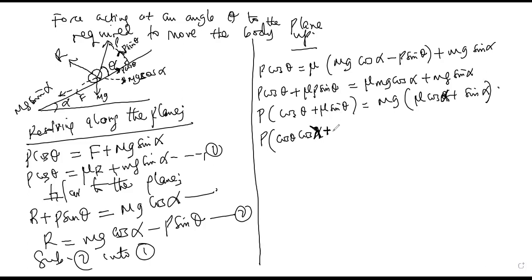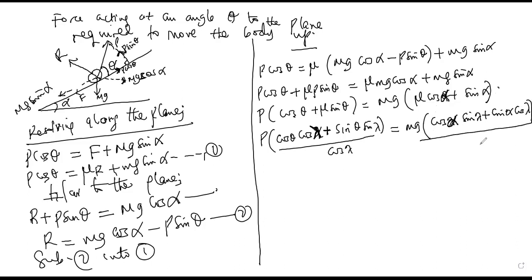Then plus sin theta sin lambda, everything is over cos lambda, is equal to mg into, since mu is sin lambda over cos lambda, cos alpha sin lambda plus sin alpha cos lambda. Everything is over cos lambda.